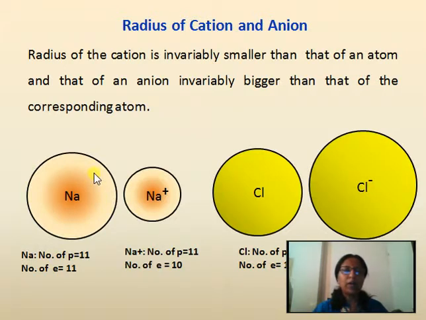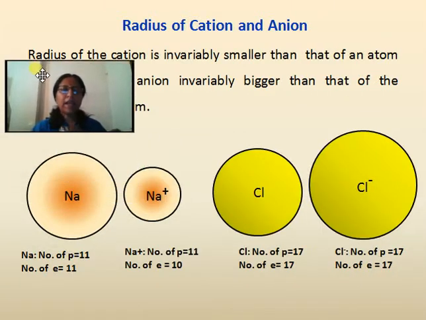But when we remove one electron from this neutral atom, Na plus will be formed, and in that the number of protons will be unchanged, so it will be 11, but the number of electrons will be less than what there were in the neutral atom, so it will be 10. So the same nuclear charge will attract a smaller number of electrons, so obviously the attraction force will be more and the size will be less.